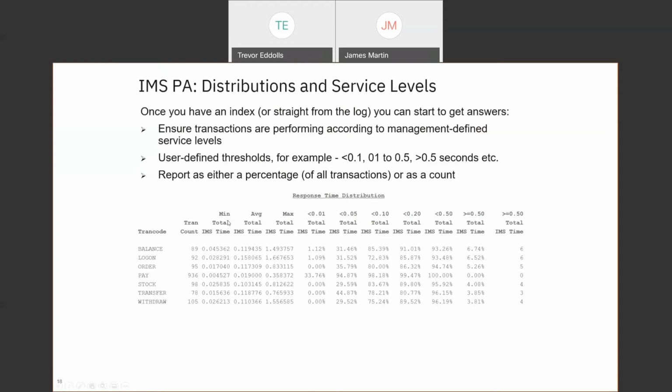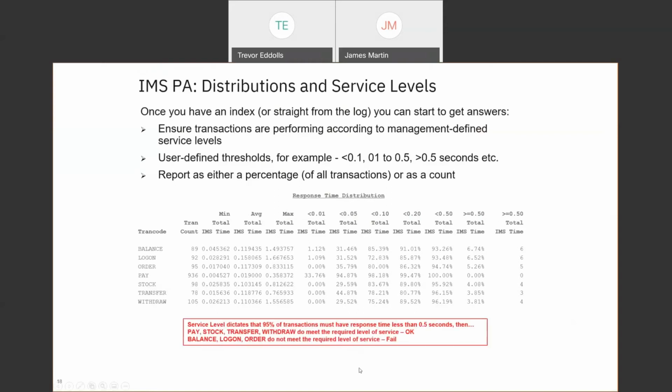You can see that I have averages, minimum, total times, and all of those aspects. In this case, the service level was that 95% of the transactions had to have a response time less than half a second.